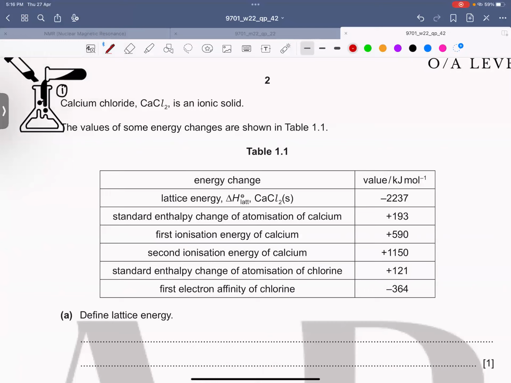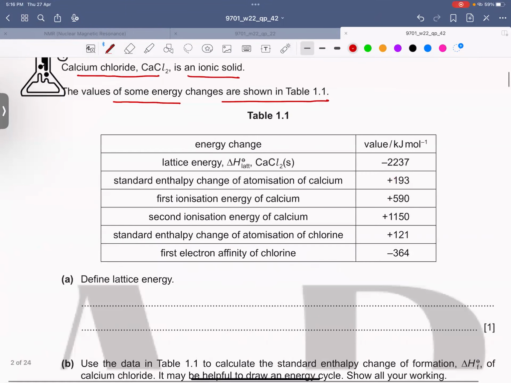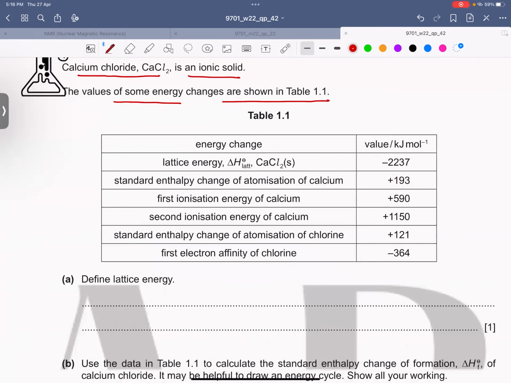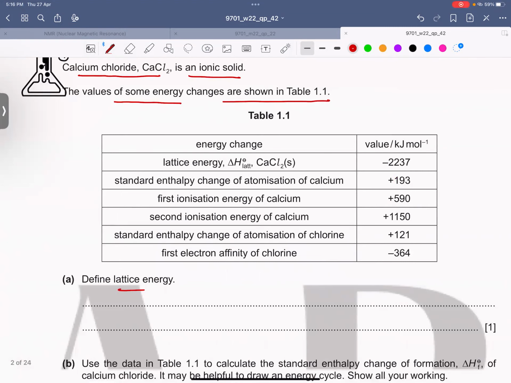In question number 1, calcium chloride is an ionic solid. In the first part, they have asked you to define the lattice energy.